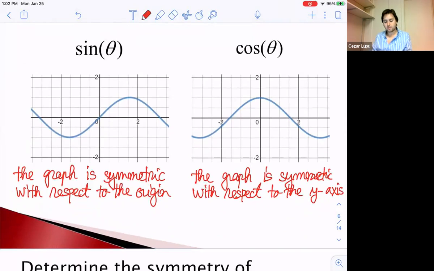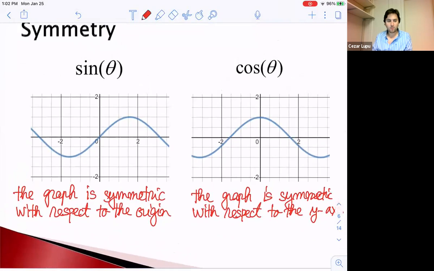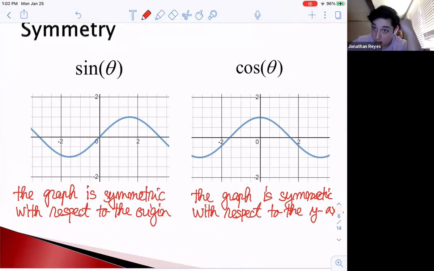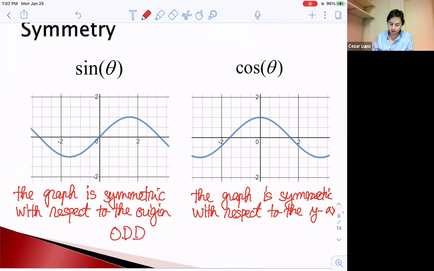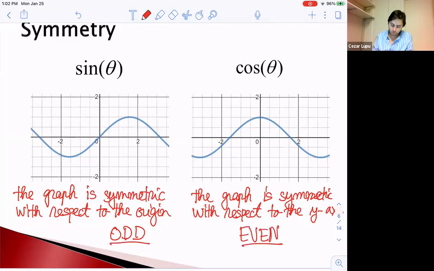Well, with that in mind, what can you tell me? The first one will be what kind of function? Odd. And the second one will be even. Right? That's what we said.